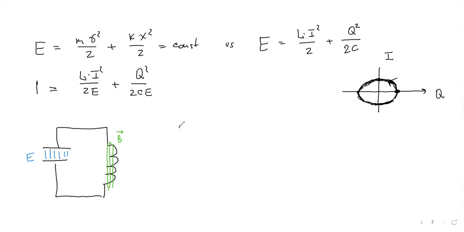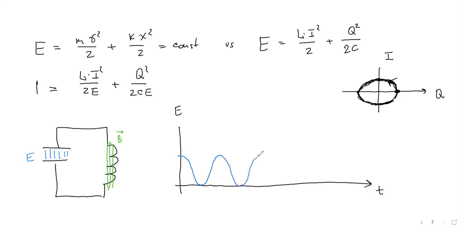So if you can plot this graph, energy as a function of time. Let's say your charge is a cosine function and you make this cosine function squared, then the potential energy, or energy inside the electric field, will be like this.